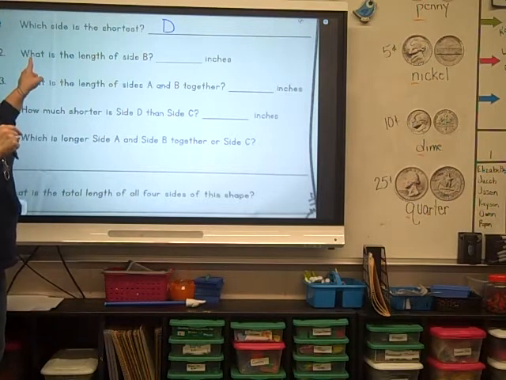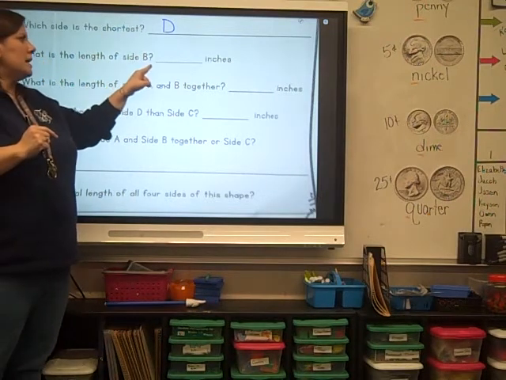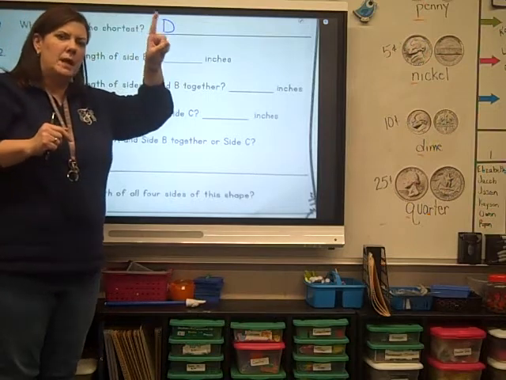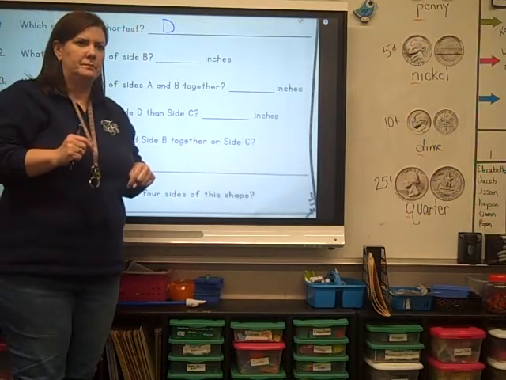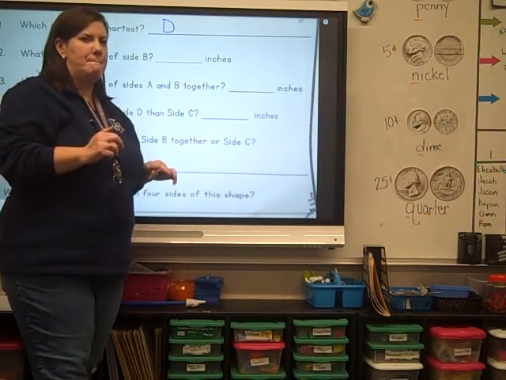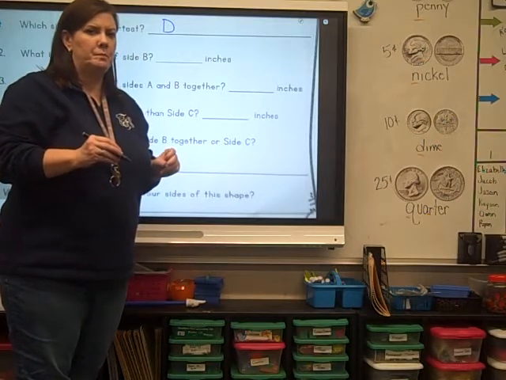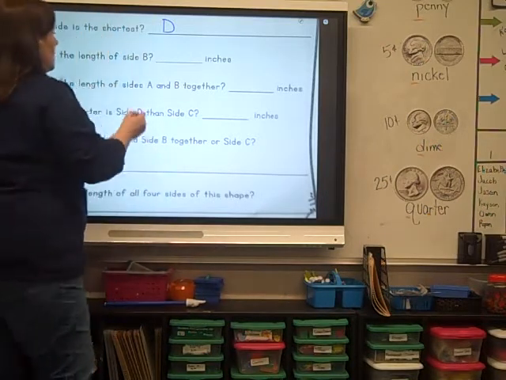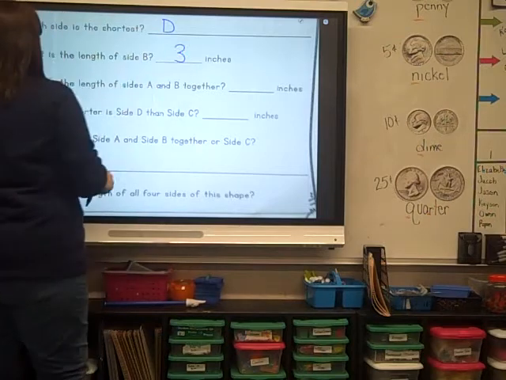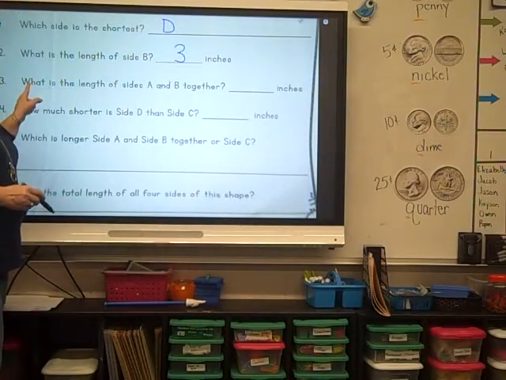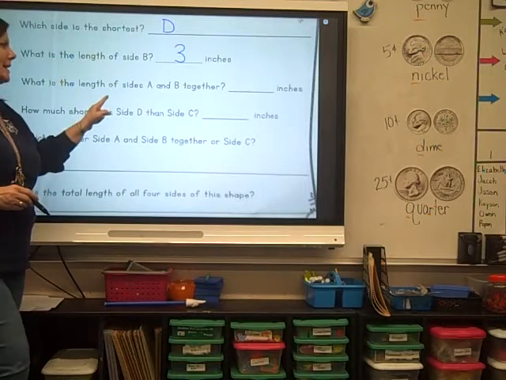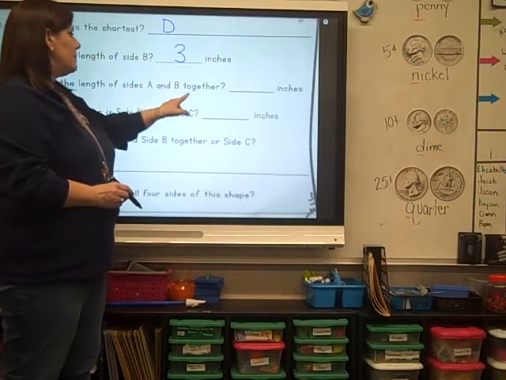Okay, number 2. What is the length of side B? We'll go up to the top. And how long was side B? Go ahead and write it down. What'd you get? Yeah, 3. All right. Number 3. What is the length of sides A and B together?